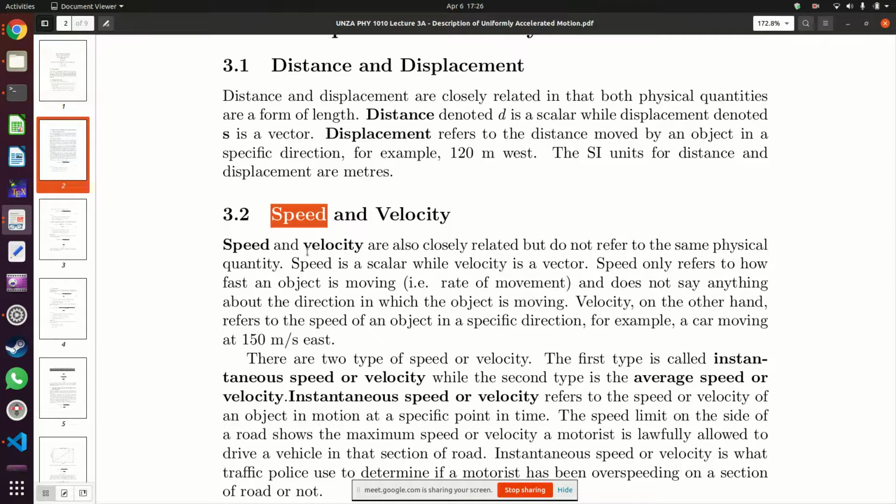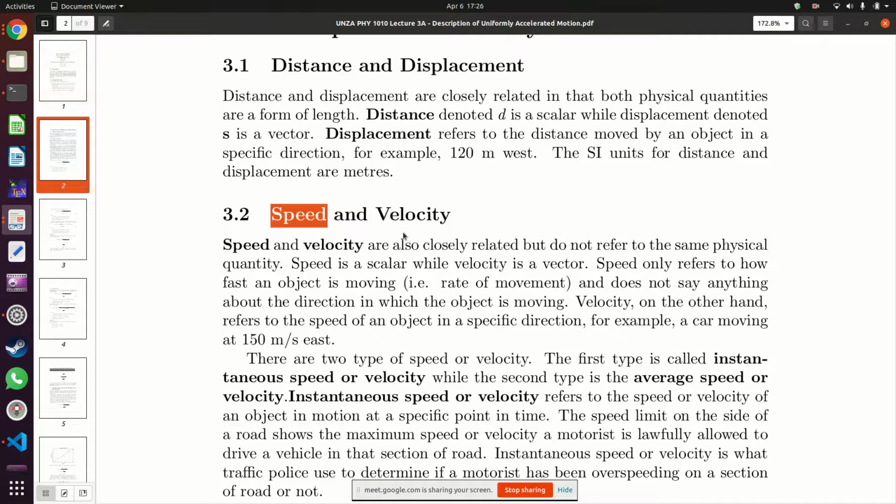In other words, velocity is how fast you are covering displacement. How much displacement, and in what time did you cover this displacement? So you divide the displacement by the time. Are we clear on the distinction between speed and velocity? One is a vector, the other one is a scalar.